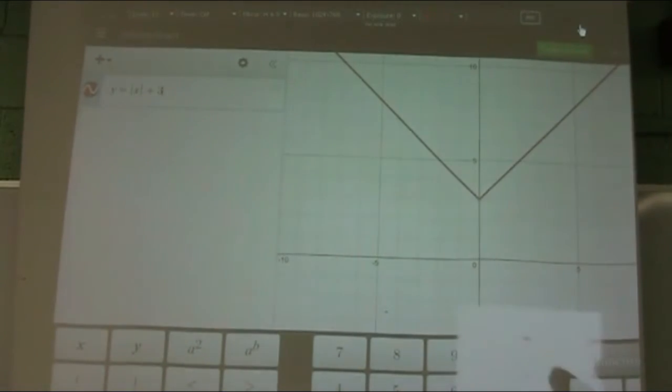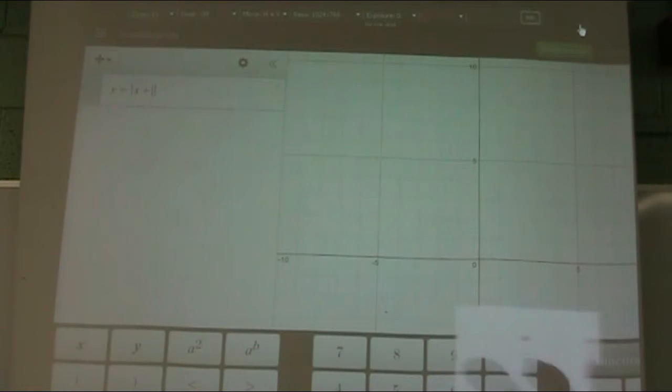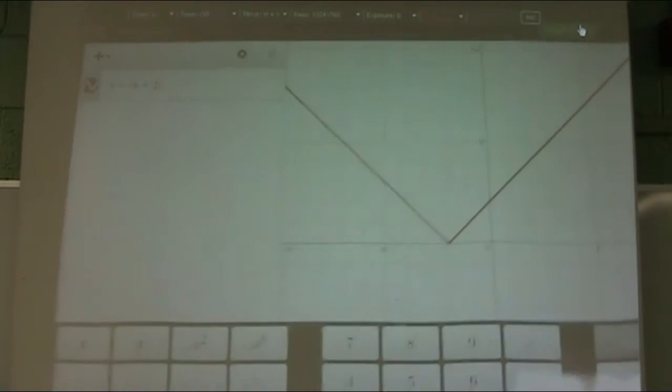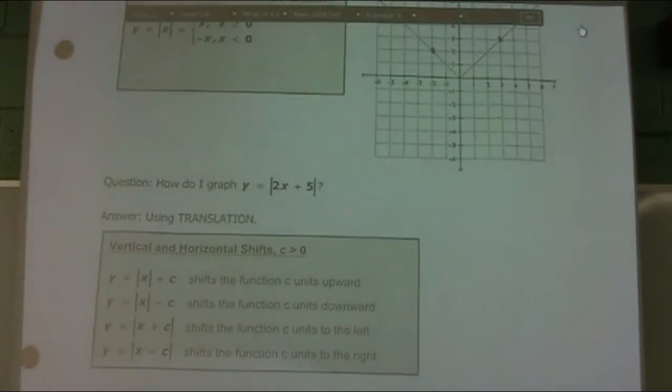So if I go back to this particular graph, let's delete that plus 3, and I'm going to go inside my absolute value bars, and I'm going to put plus 2. You'll see it shifted 2 units to the left. And you can tell by where that point is. So if I add a number to it, it shifts to the left. If I subtract a number, it's going to shift to the right.